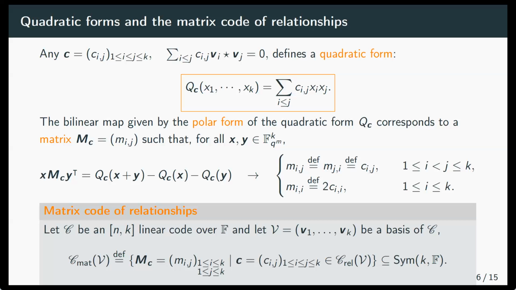It's a symmetric matrix where outside the diagonal M_ij is equal to c_ij, while on the diagonal M_ii is equal to c_i. So now we collect all the matrices coming from any possible quadratic relationship. We have a set that has a vector space structure, so it's really a matrix code containing the space of symmetric matrices of size k, that we call Sigma of k. So this is the basic construction that will be useful.